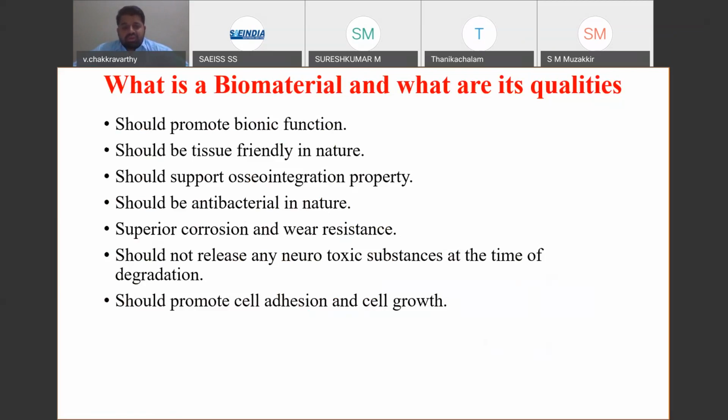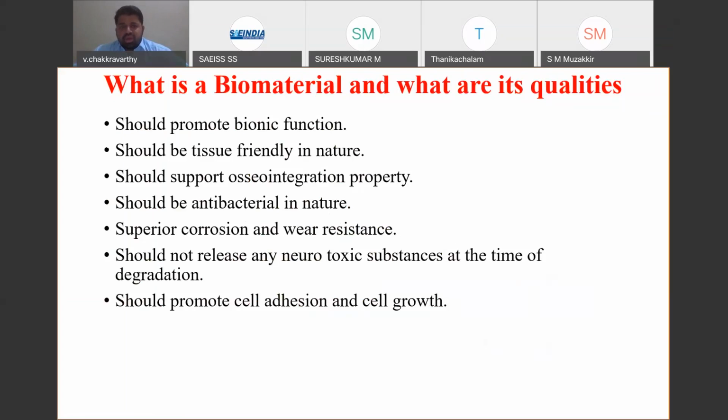Then the next one is corrosion and wear resistance. When an implant is fixed in the body, it will have a consistent interaction with the blood and some kind of body fluids, which will cause an etching effect and slowly corrode your implant material. Say, for example, a magnesium implant.